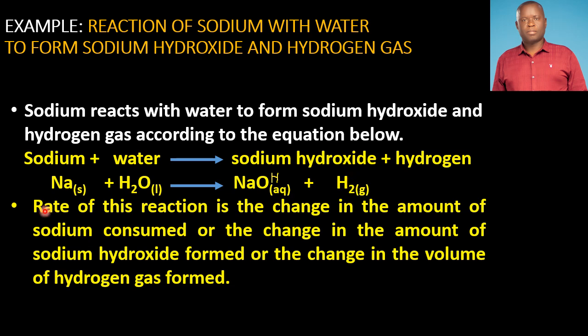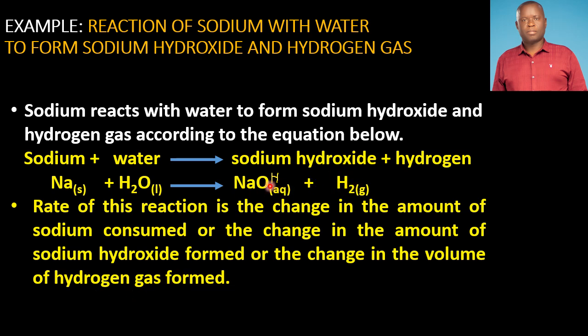So we are saying the rate of this reaction is the change in the amount of sodium consumed. Sodium metal is being consumed in the reaction, it's being used up, or the change in the amount of sodium hydroxide forming there, or indeed the change in the volume of hydrogen gas formed.